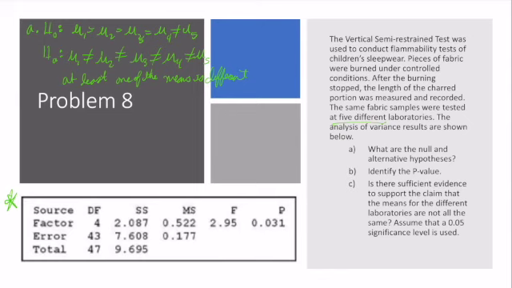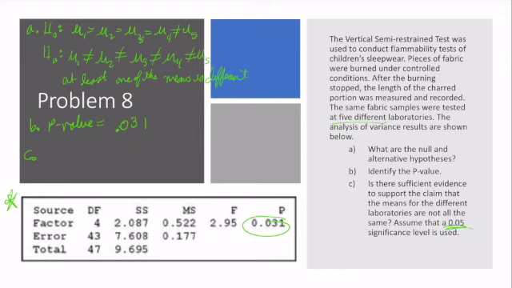We need to identify the p-value. This is not something we calculate. This is something that's given to us. So we go and we see here, aha, our p-value, probability of this occurring by chance, is 0.031. That's our p-value. For C, I want to know, is there sufficient evidence to support the claim that the means for the different laboratories are not all the same at the 0.05 significance level?